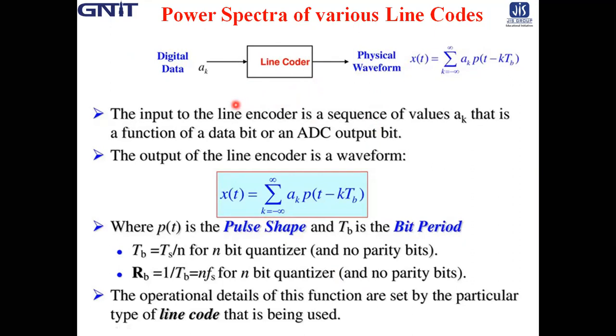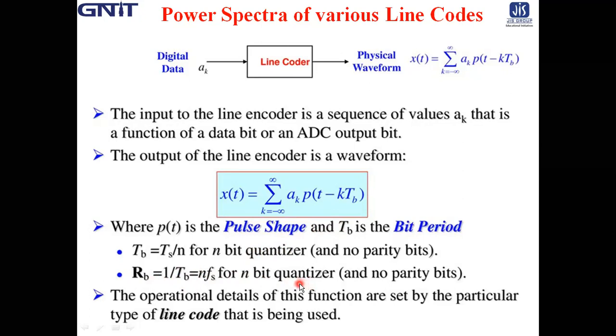We can represent all the discrete PAM signals in a single expression: x(t) equal to summation over k equal to minus infinity to plus infinity of a_k p(t minus k T_b), where a_k is the coefficient, p(t) is the basic pulse shape, and T_b is the symbol duration or bit duration, which gives the data signaling rate R_b equal to 1 by T_b. That means it is bits per second.